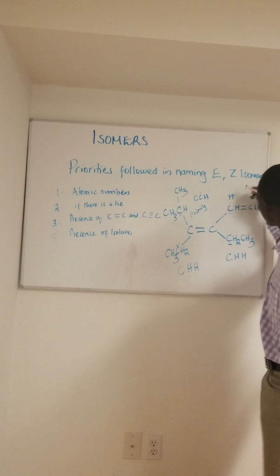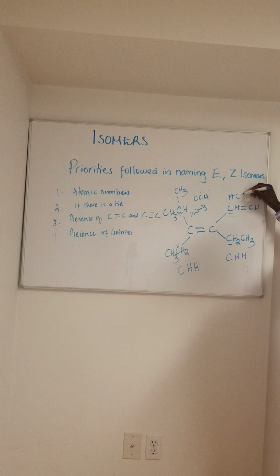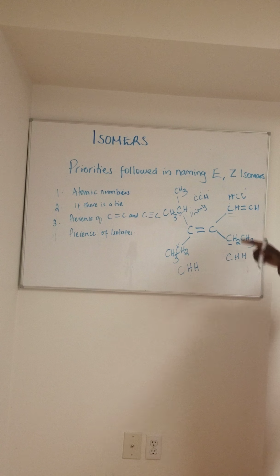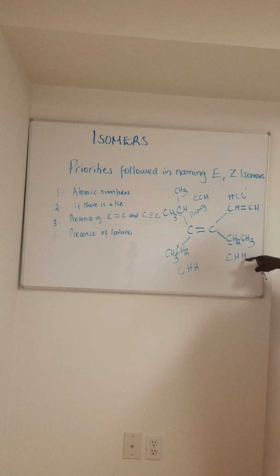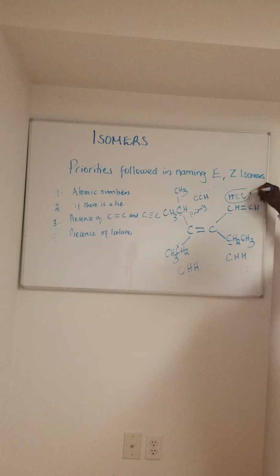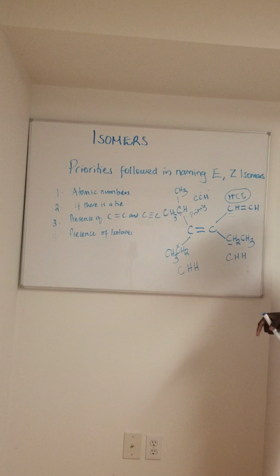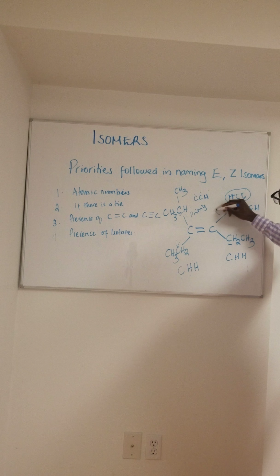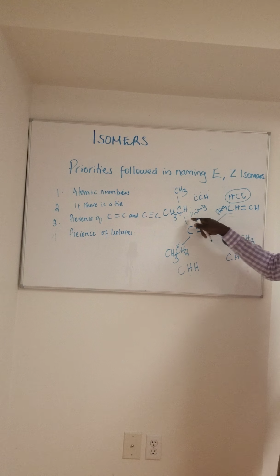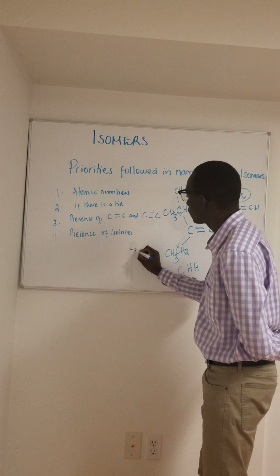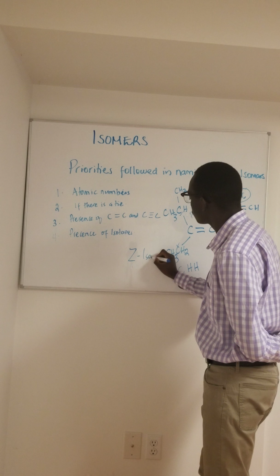So we shall say this carbon is bonded to hydrogen and 2 carbon atoms. So we shall have hydrogen, carbon, carbon. Here we have carbon, hydrogen, hydrogen. So this takes a higher priority because we have 2 carbons this side and we have only 1 carbon this side. So if the 2 priorities are on the same side, then that qualifies to be a Z isomer.